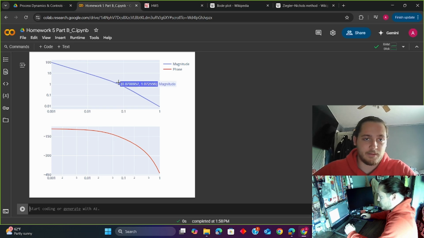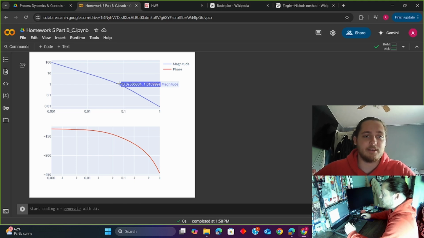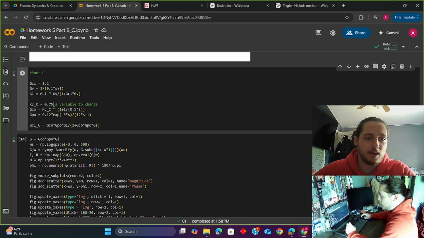Okay, so we look for 0.0725, or what was it? 150, 0.073. So our 0.073 is yielding 1.02. So it looks like we're slightly too high.